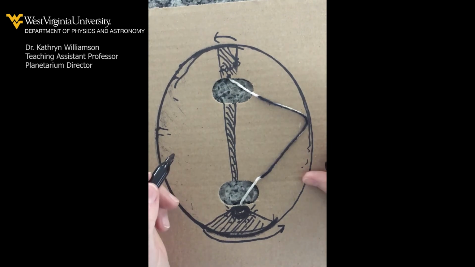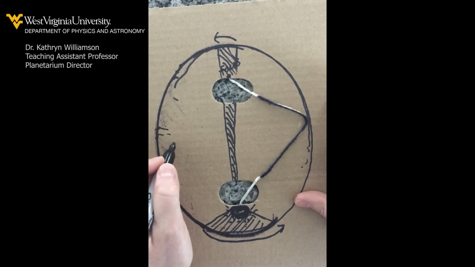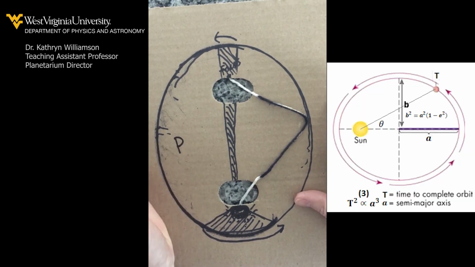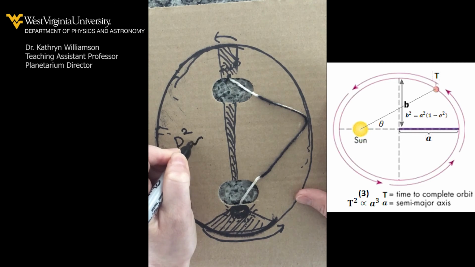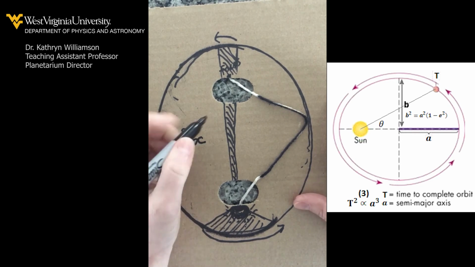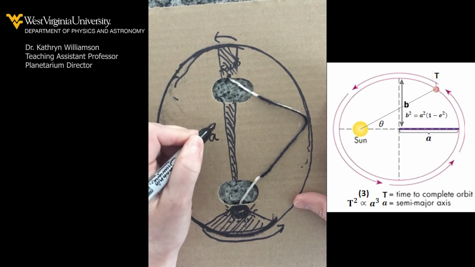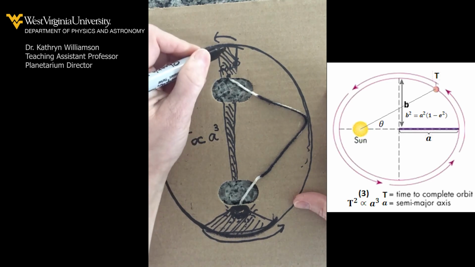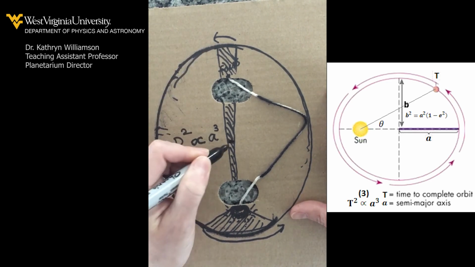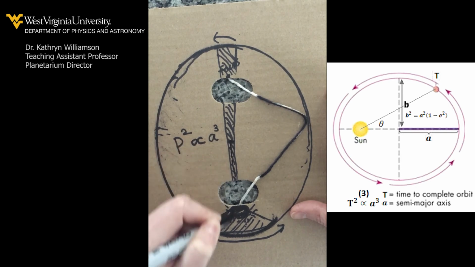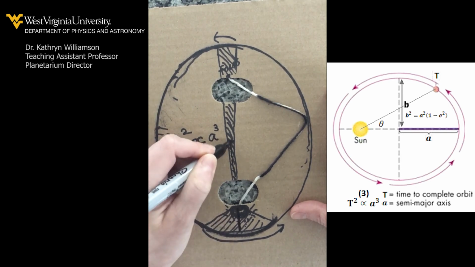The third of Kepler's laws says that the orbital period, which is the time it takes to go around the sun, if you square that, it's proportional to, that's the proportional to sign, the semi-major axis cubed. So the semi-major axis is from the very center of the ellipse to the outside of the ellipse.